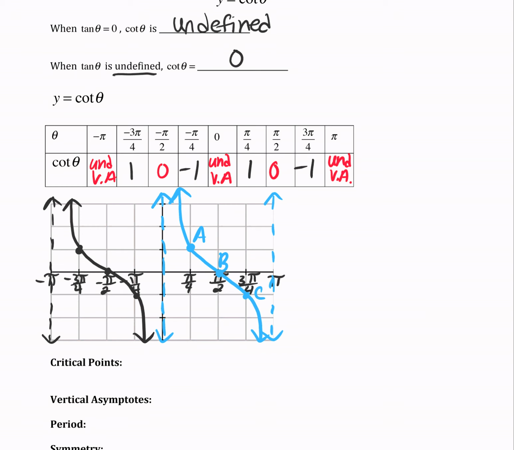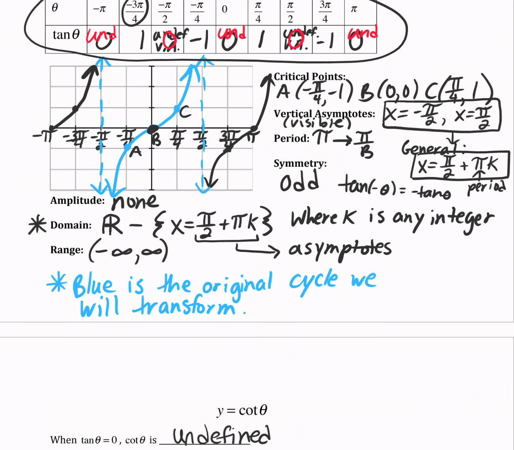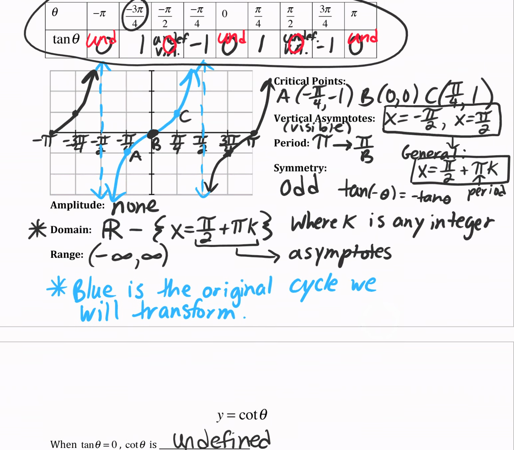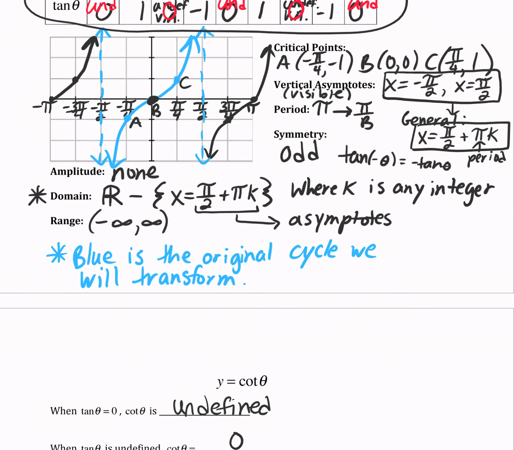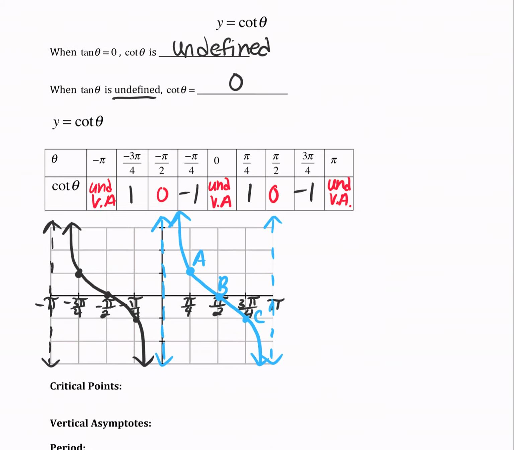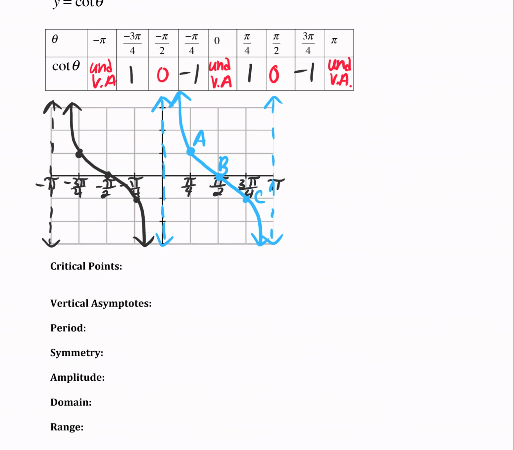So just to kind of compare this to our tangent graph, if you flip back, or I'm going to scroll back to the front, it looks pretty much the same, right? But it looks like a reflection. We do have a shift because we're not starting that cycle at 0, 0 anymore. So it looks like a negative tangent graph translated.